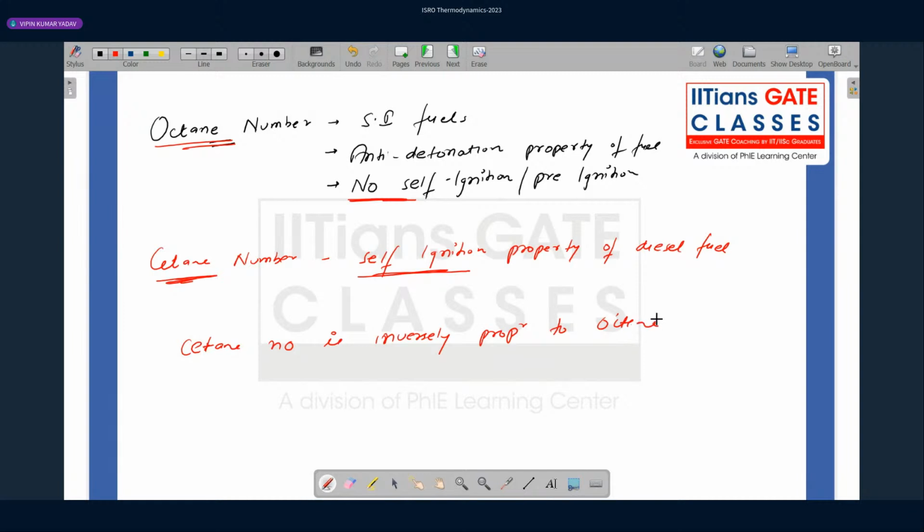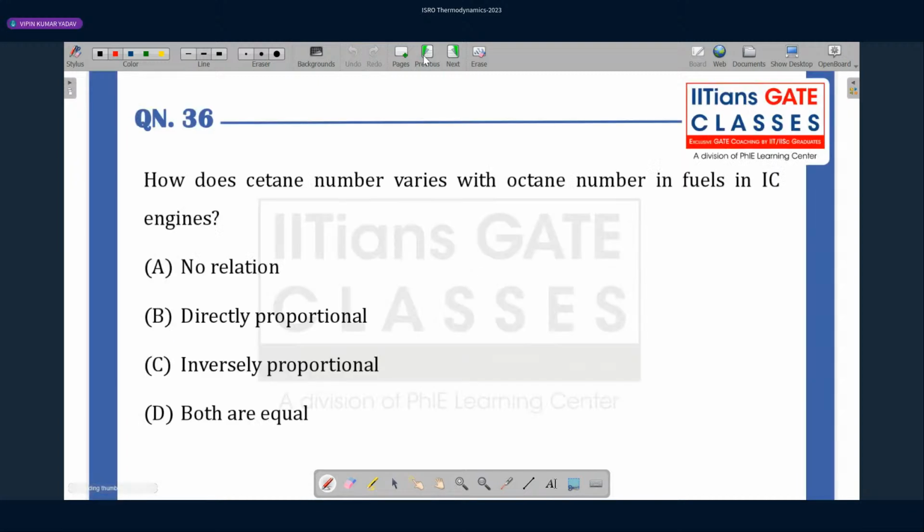They have an inversely proportional relationship. So inversely proportional is the right answer. Okay, next question.